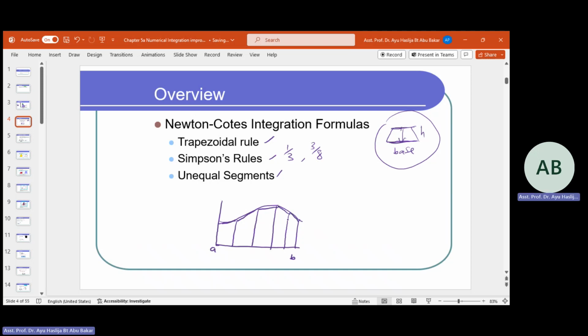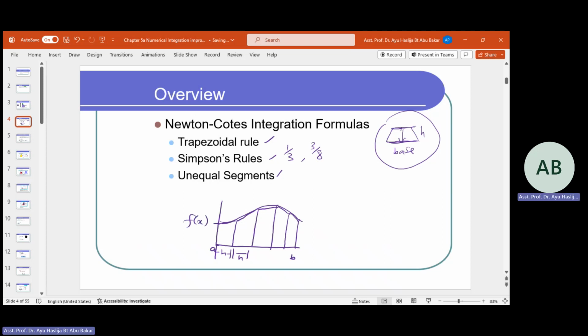Then you have unequal segment, meaning that perhaps you will have different height over here, h, or different segment, or different fx value.